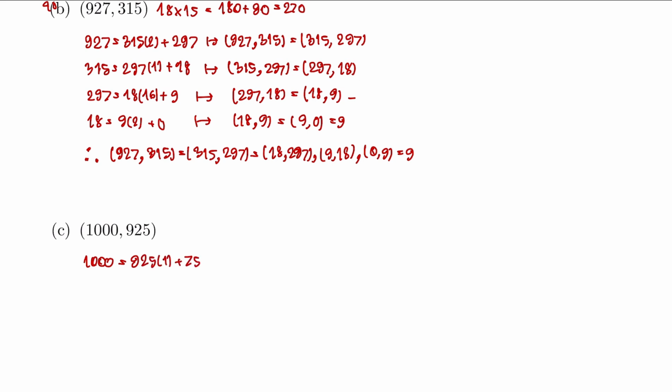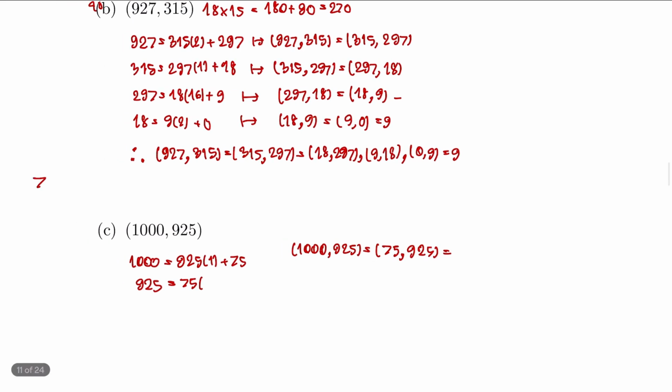So the greatest common divisor of 1000 and 925 equals that of 925 and 75. Next, 925 equals 75 times which number? It should be 12.